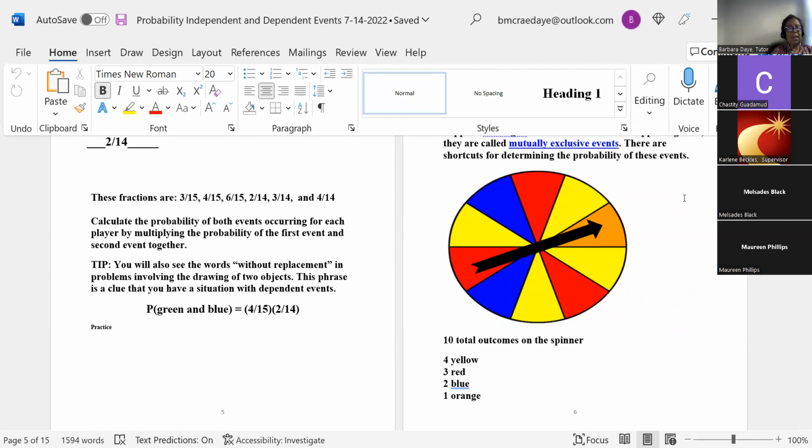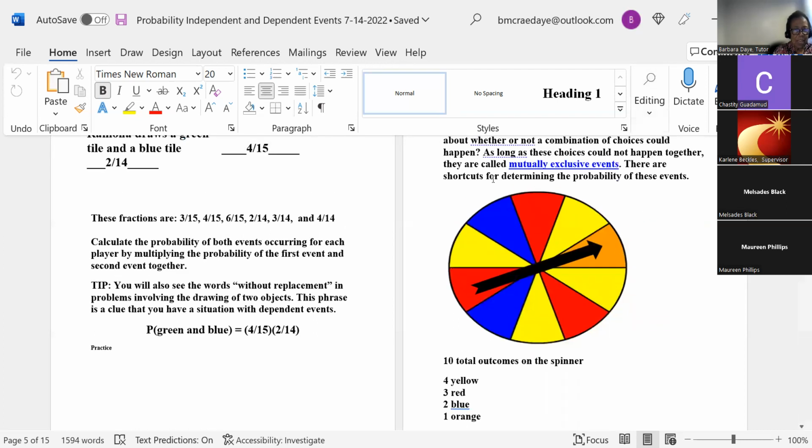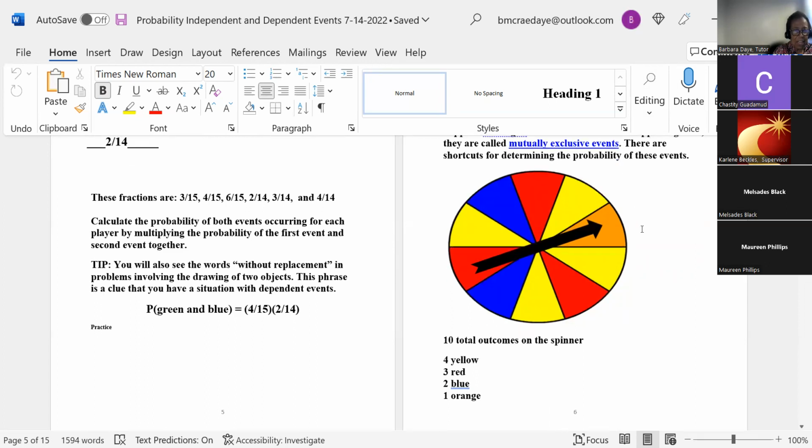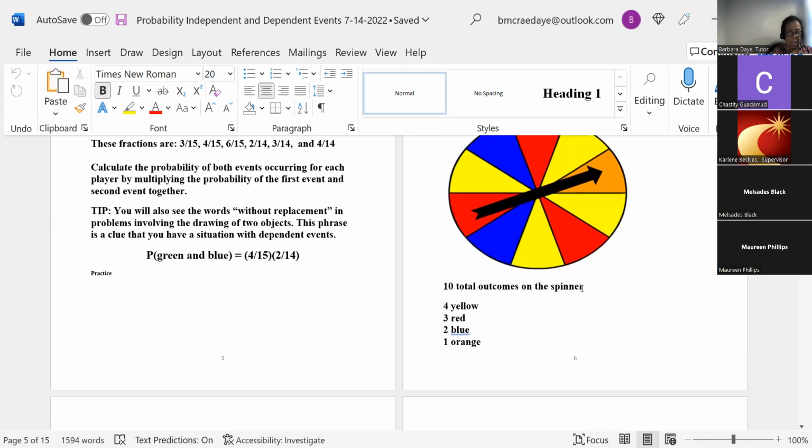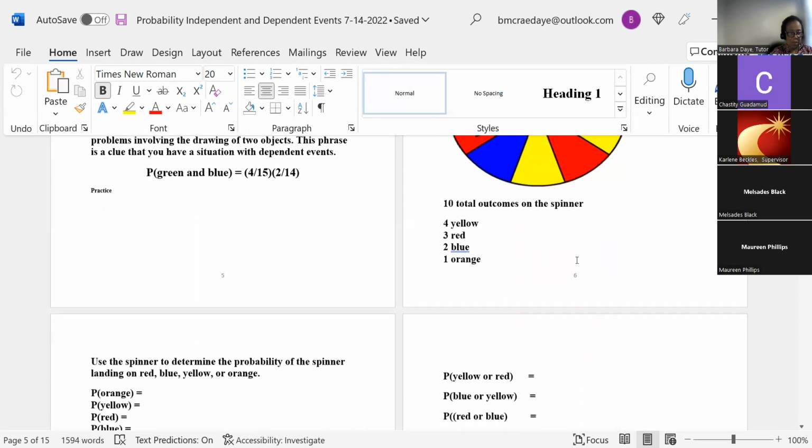For example, you can't get a head and a tail at the same time, right? So if they can't happen together, they're mutually exclusive. Like here, you can't get an orange and a red. You either get an orange, a red, a yellow, or a blue. All right. So there are 10 total outcomes on the spinner.